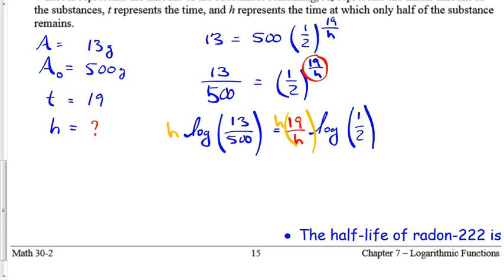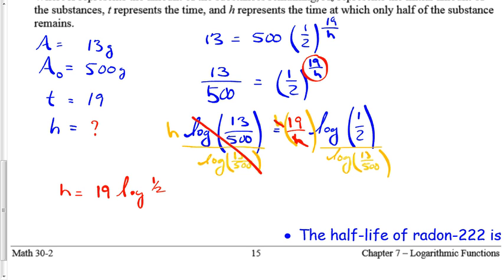And as I look at my limited space, I'm going to divide this log of 13 over 500 on both sides. It kind of looks like a mess initially, but these will cancel out here and these h's cancel out there. So I just end up with h is equal to 19 times the log of a half all over the log of 13 over 500.